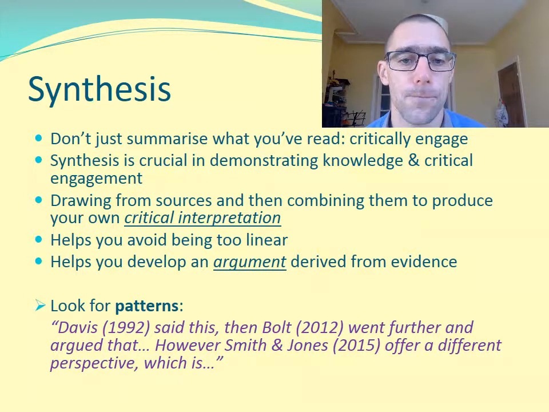There's an example on the slide here. For example, Davis in 1992 said this, but then Bolt went further and argued that. But more recently, Smith and Jones suggested the other. So you're looking for a pattern there, the development of an argument around the body of literature, not just reporting on what different studies have said.